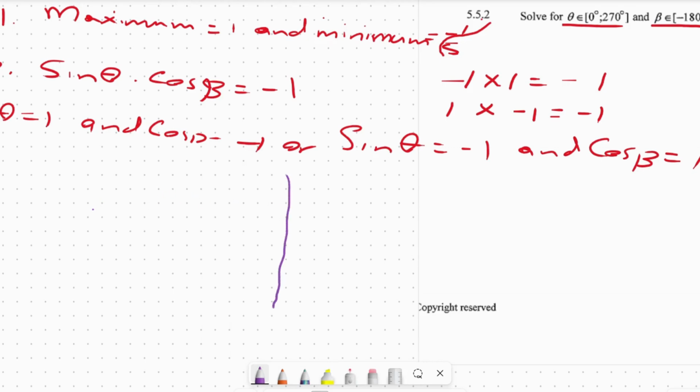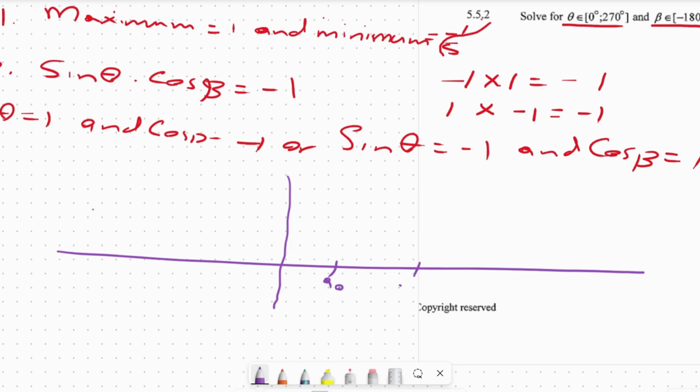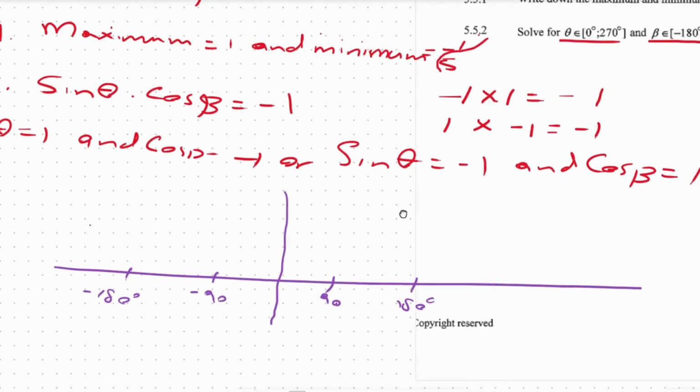This is going to be 90, this is 180, this is -90, and this is -180 degrees. Let's start with the first condition. They said theta is from 0 to 270.